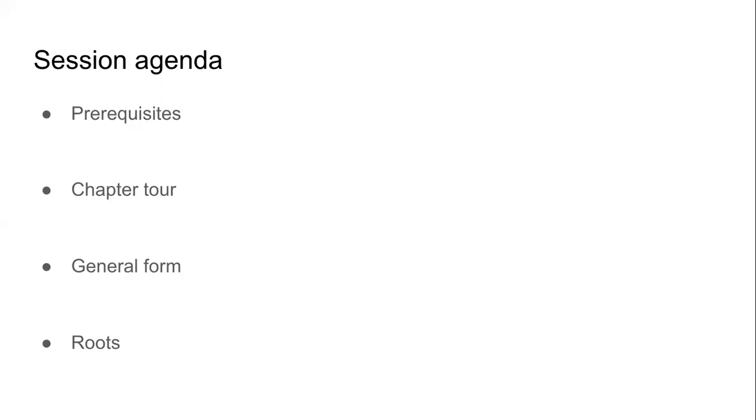And remember, the thought of the day: education is not only about knowledge, it is also about, or it is mainly about action, right? So prerequisites, we will see what we need to know, the basics. We will take a tour of the chapter. We will see the pages of the textbook, the chapter in the textbook, and understand what is where.